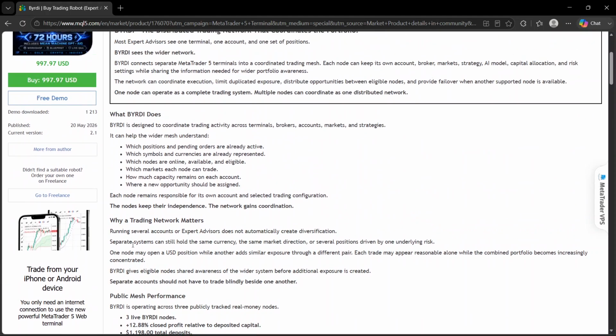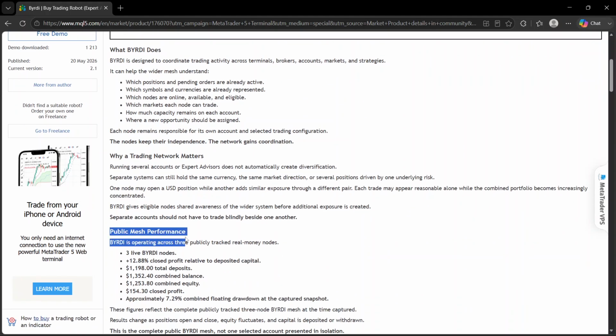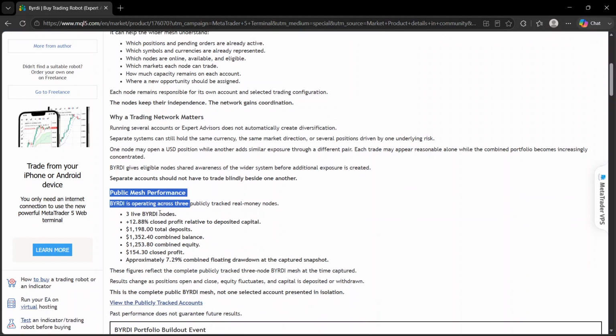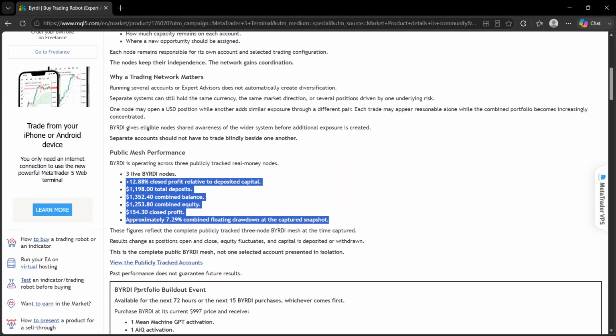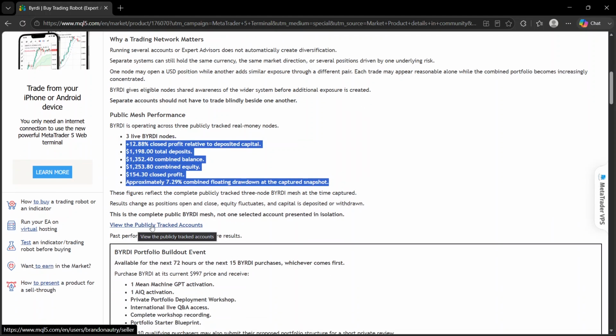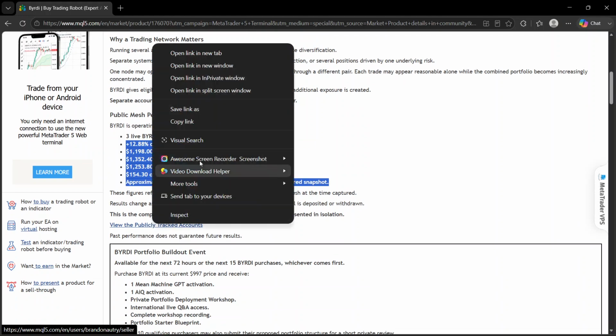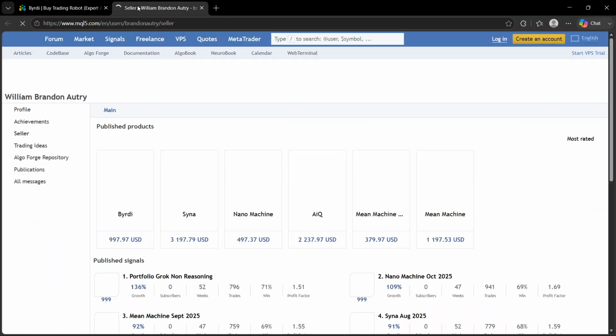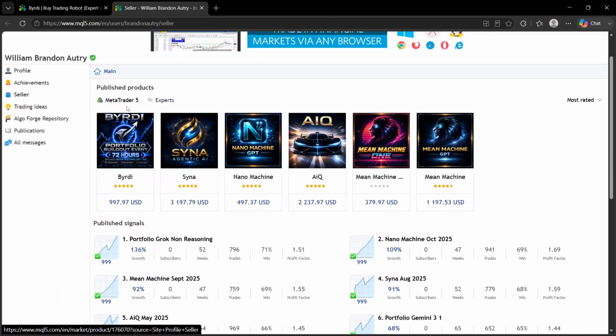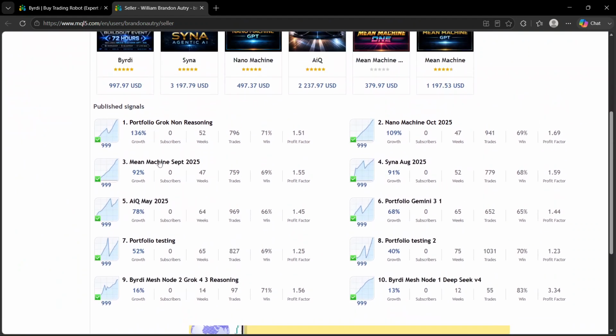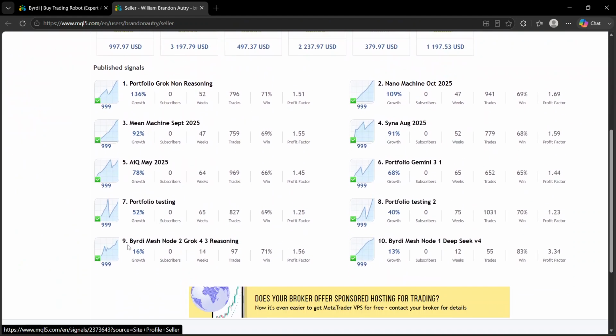If you go through the page, you can see the public mesh performance, where it is operating across three publicly tracked real money nodes, and these are the results. If you're looking for the publicly tracked accounts, let's open it. These are the other published products by the same developer. If we go down, we can see Mesh Node 2 using Grok, and Node 1 using DeepSeek.